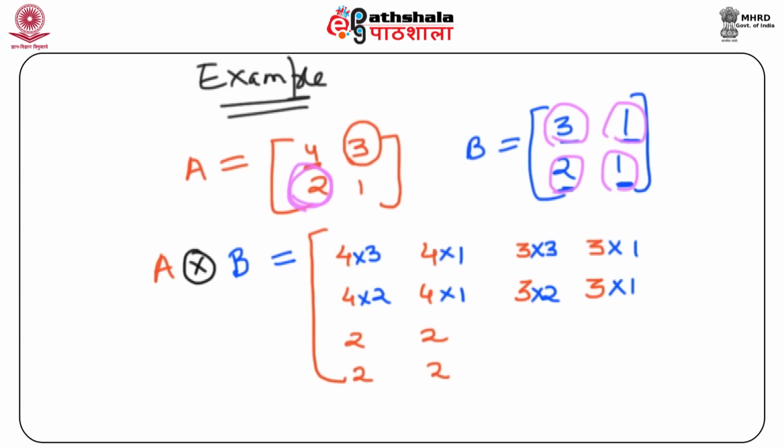That is, 2 multiplied by 3, 2 multiplied by 1, 2 multiplied by 2 and 2 multiplied by 1.